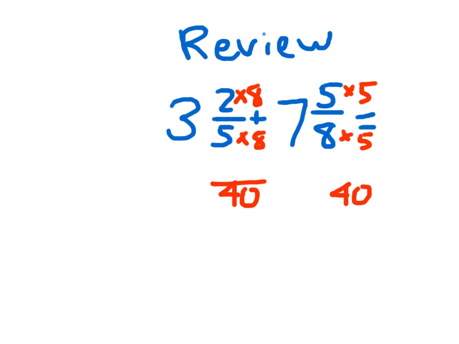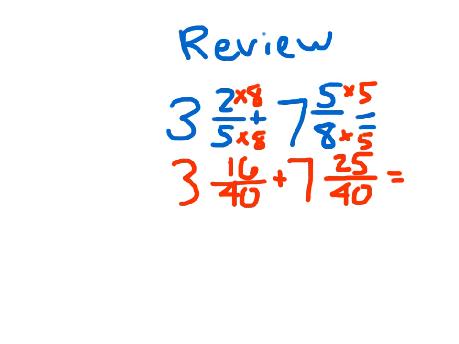And then so 2/5 is equal to how many 40ths? Right, 16. 5/8 is equal to how many 40ths? Right, 25. And we still have to write in our whole portions there, and remember we're adding here. We're going to look at our fractional parts first. 16 plus 25 is 41. 41 40ths. What do we do next? Right, add our 3 and the 7 to get 10.